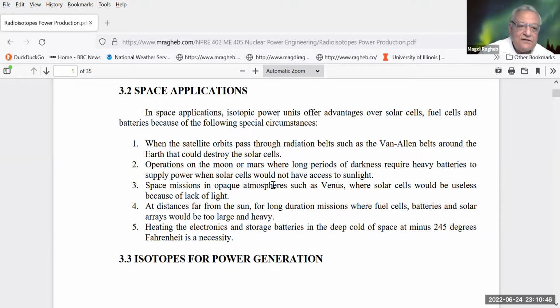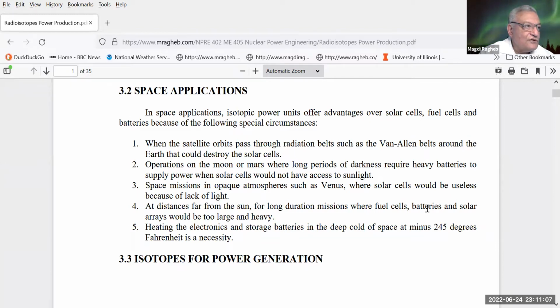Space missions in opaque atmospheres, such as Venus. Venus is surrounded by clouds of carbon dioxide. Solar cells would be useless. There is no light there under the clouds. At distances far from the sun, the solar flux is very low.